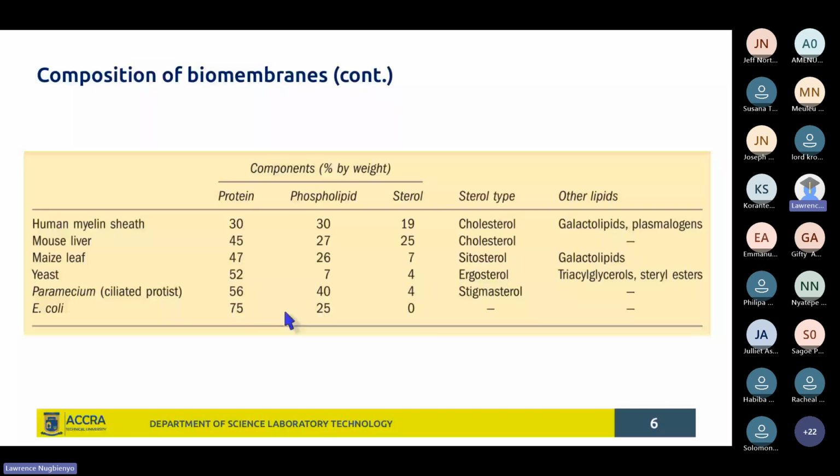If you take this protozoa Paramecium, for instance, it's also having a very high protein component, a high component of phospholipids as well, and a less component of sterol, and it's having some specific type of sterol, stigmasterol. No other lipids in there.